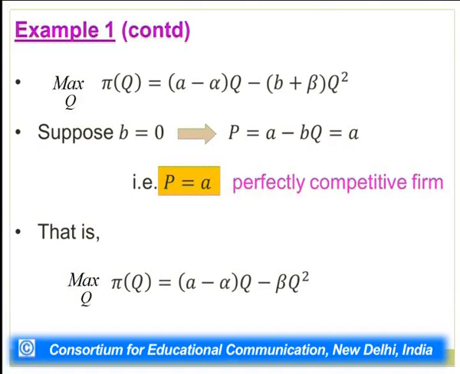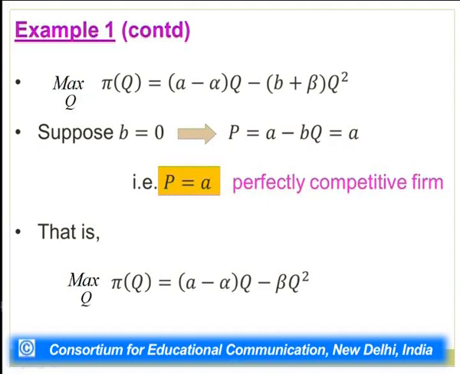So if you assume that B is equal to 0, then the price that the firm receives is equal to A, which is to say that the price is given to the firm now. It can sell all it wants at this going price, which is P equal to A, but it cannot influence the price by its production activity. And such a firm that takes the price as given is known as a perfectly competitive firm in economics.